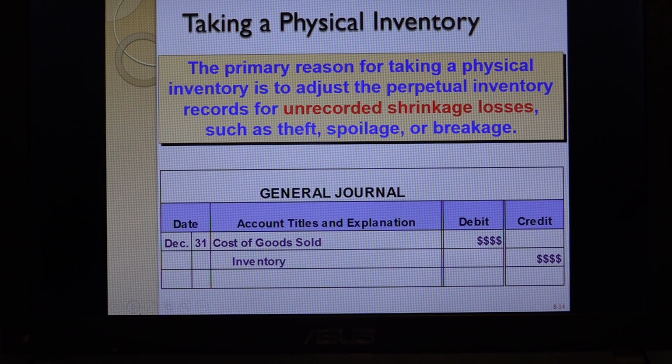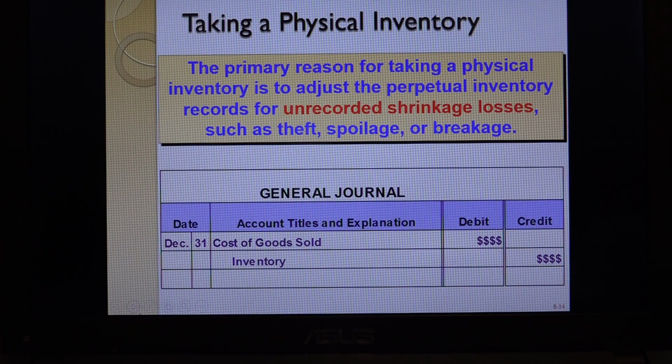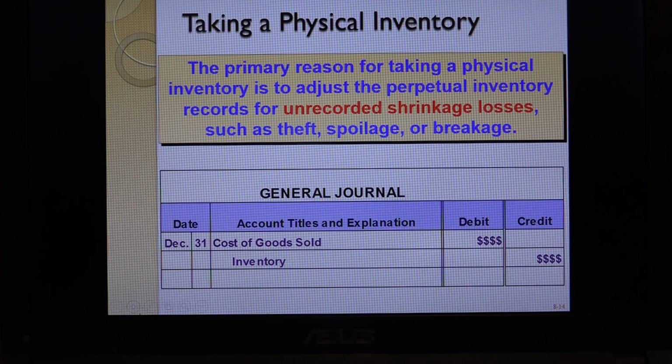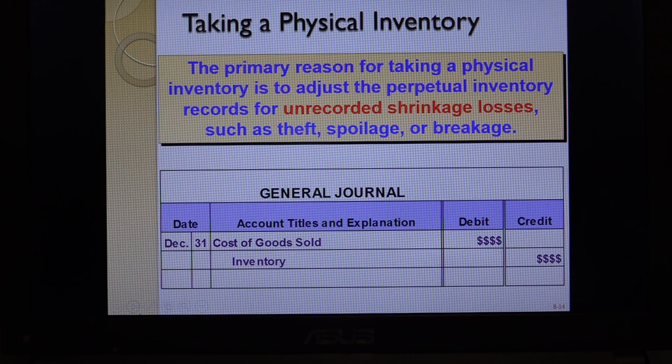Now, does that mean that we don't take a physical inventory when we select perpetual inventory? Because if you recall, I said that when you choose to use the periodic inventory system, you must take a physical inventory at the end of the year to figure out what you have left in ending inventory. And the answer is, even if you have a perpetual inventory system, you need to take a physical inventory.